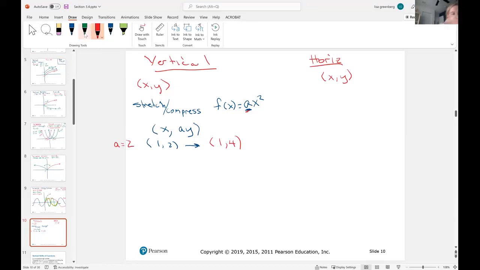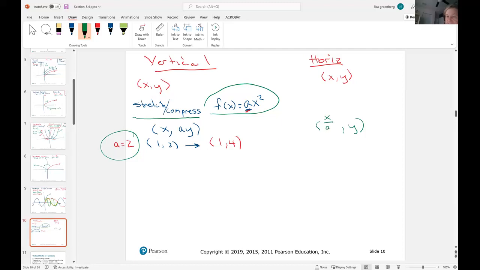Horizontally, I'm still going to do stretch compress for both of them, and I'll use the same values and the same a. What I'm saying here is x is changing, y is staying the same because it's horizontal, and x is being divided by whatever a is.